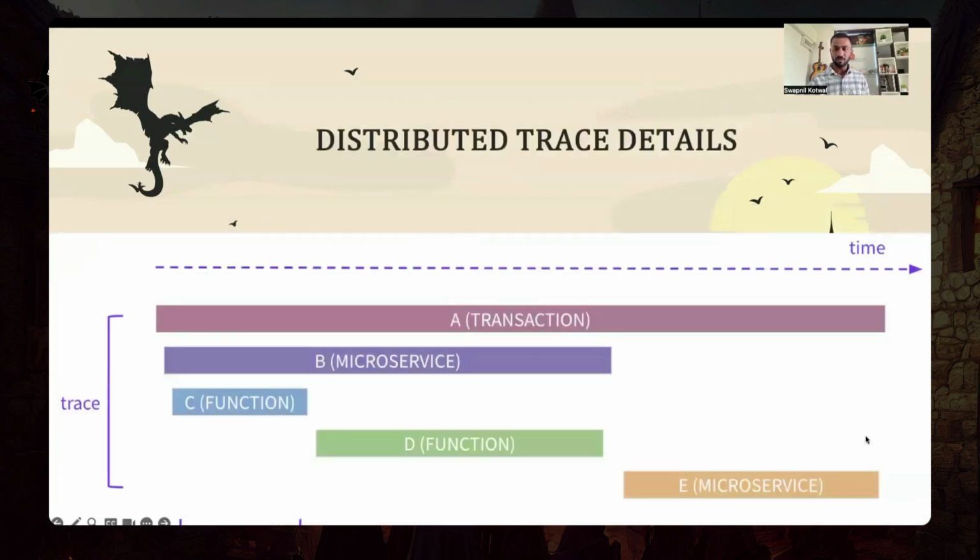Okay, so this whole thing we call a trace, and the time taken by the trace or the request to complete. And the breakdown of it is underneath, whatever the microservice was, if it has called some functions and things like that. So you would have to take care of it while programming or instrumenting it.